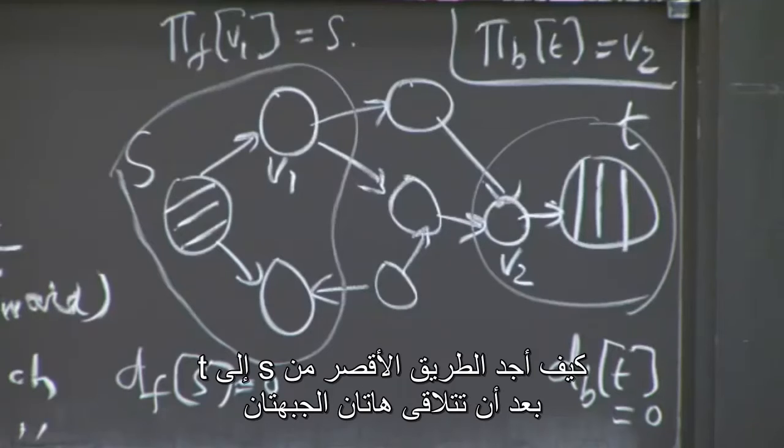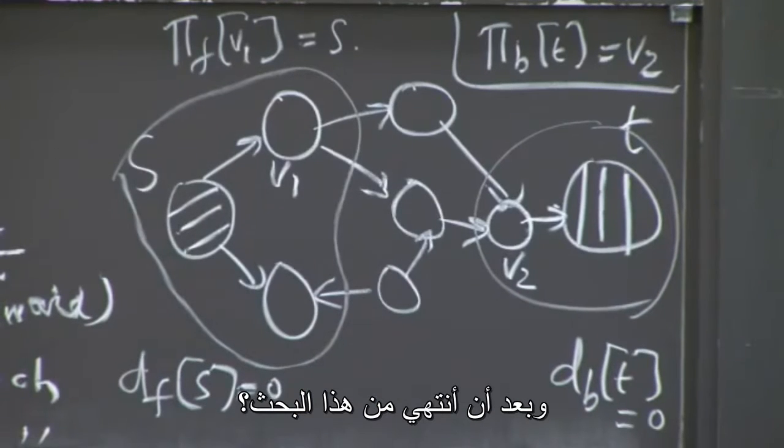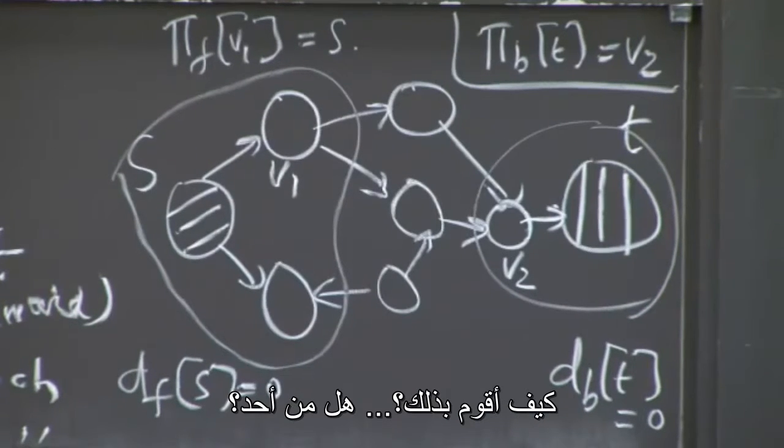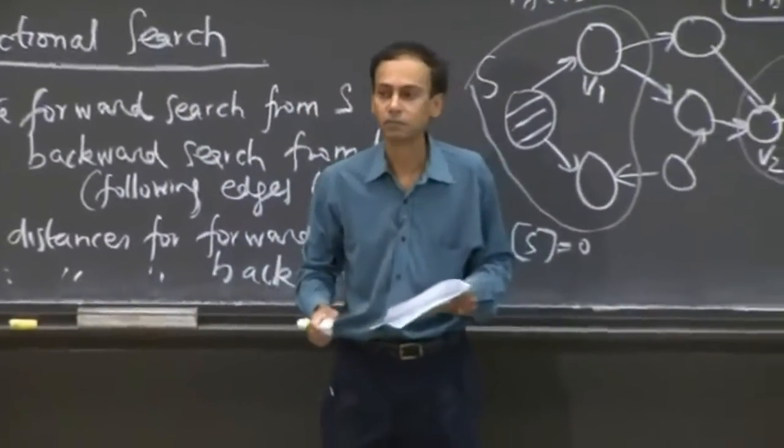So how do I find the shortest path from S to T after these frontiers have met and I've terminated this search? How do I do that? Someone? Go ahead.